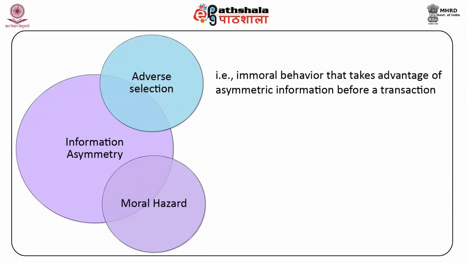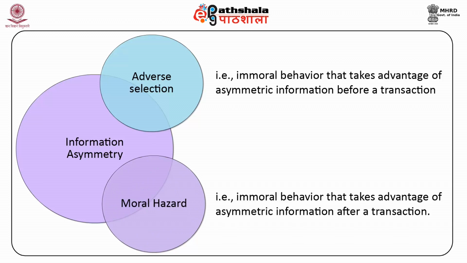Two, moral hazard, immoral behavior that takes advantage of asymmetric information after a transaction. For example, if someone has fire insurance, they may be more likely to commit arson to reap the benefits of the insurance.